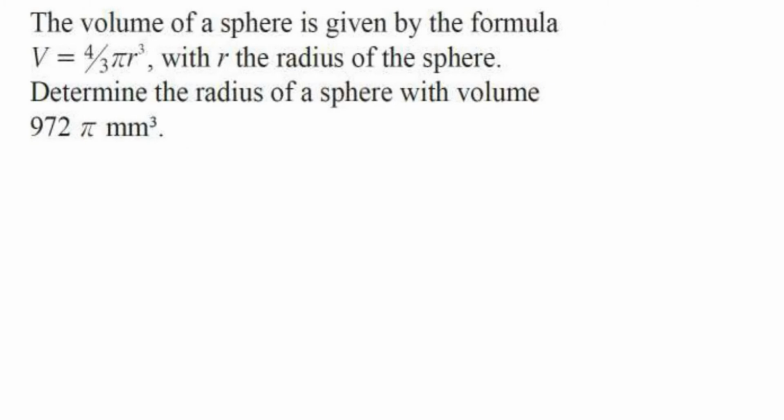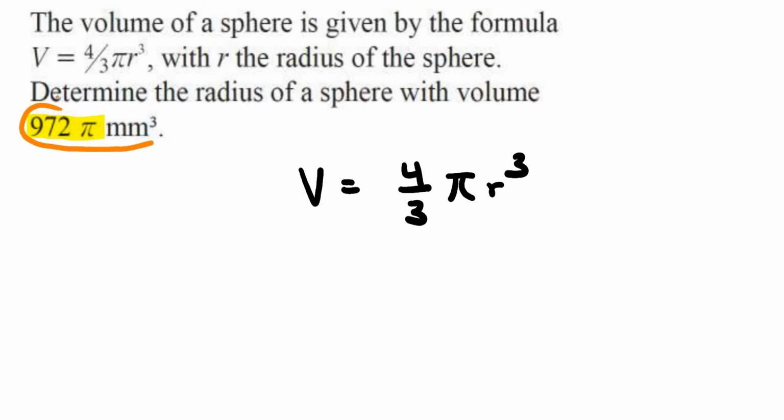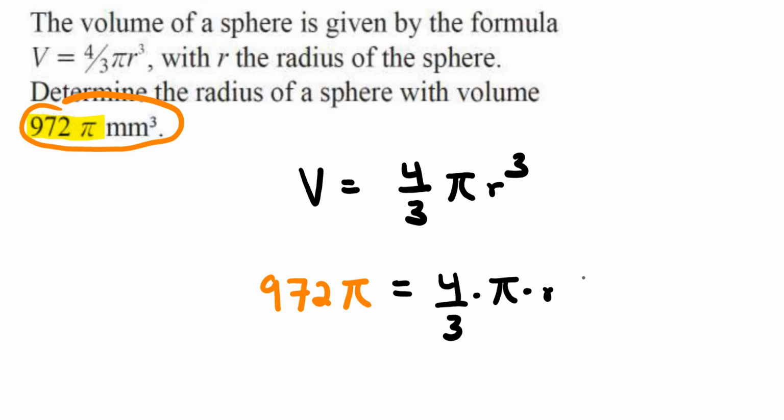The volume of a sphere is given by this formula with the radius r of the sphere, and we need to determine the radius if the volume is 972 pi millimeters cubed. Okay, so not a hard problem here. We start off with this weird looking formula: volume equals 4/3 pi r cubed, and we know that the volume is 972 pi, so 972 pi equals 4/3 times pi times r cubed.